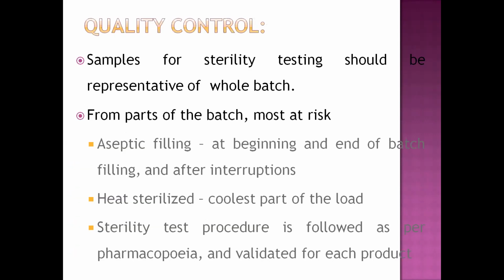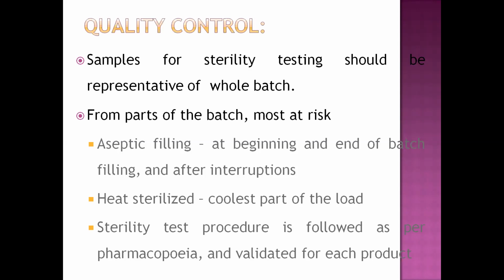Quality control: the sample taken for sterility testing should be representative of the whole batch. It should be from parts of the batch mostly at risk. For aseptic filling, that is at the beginning and end of the batch filling, and for heat sterilized, the coolest part of the load.